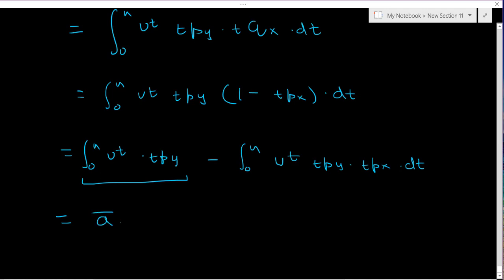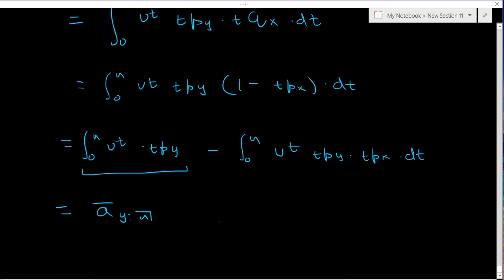So this becomes a continuous y limited by n, a temporary annuity contingent on the life of y. Minus, this is a joint life annuity that is limited by a term of n, because x is alive, y is alive, and we have got a vt that's restricted by n. So this becomes a continuous xy limited by n.